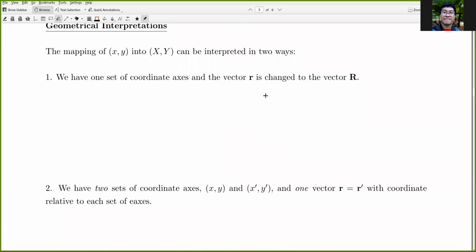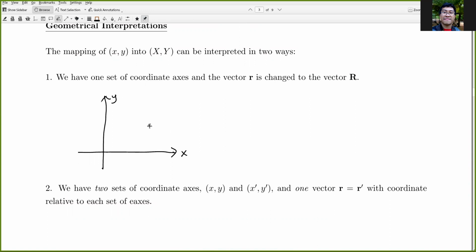The mapping of (x, y) into capital (X, Y) can be interpreted in two ways. We have one set of coordinate axes, let's call it x and y, with a vertical axis and a horizontal axis.